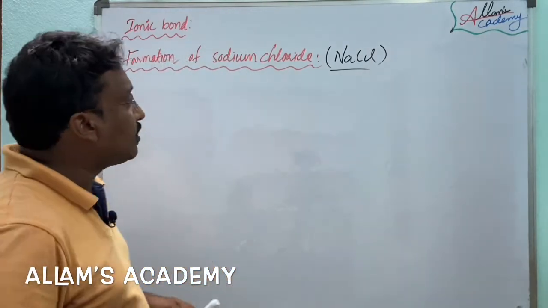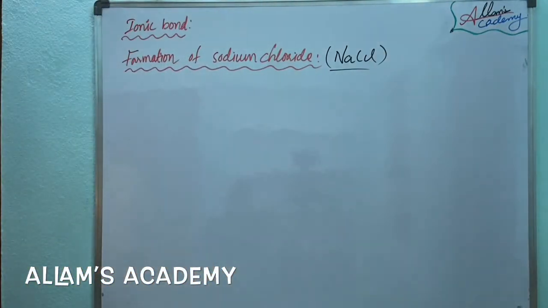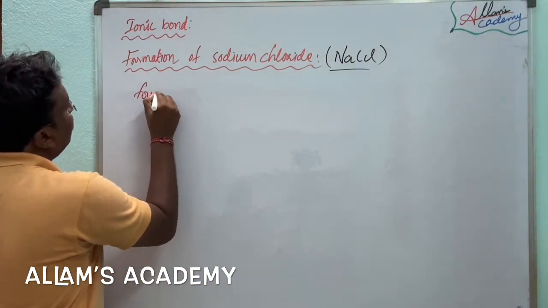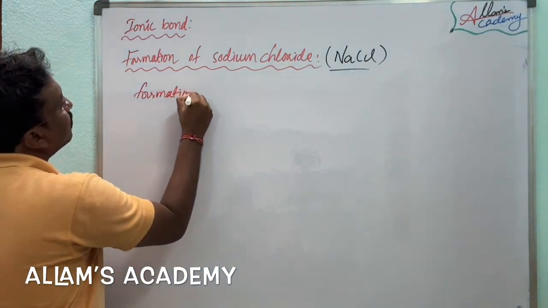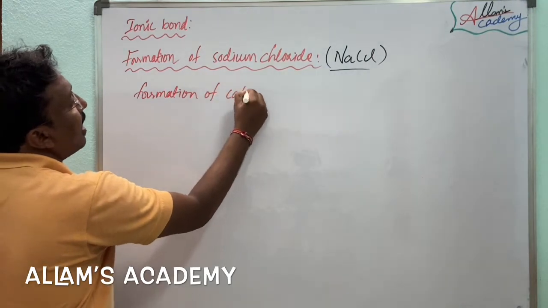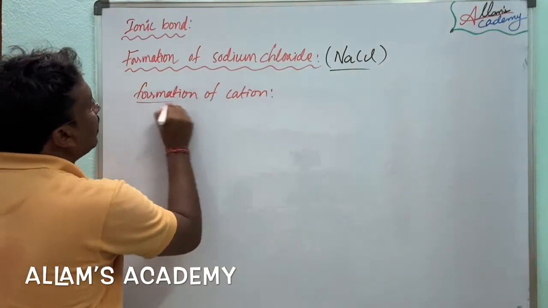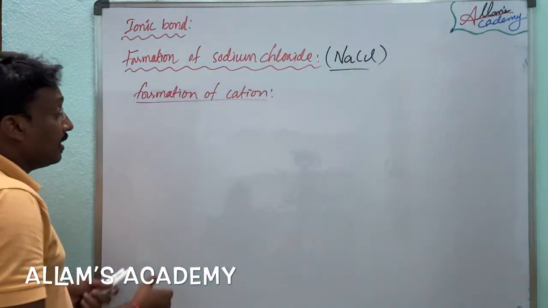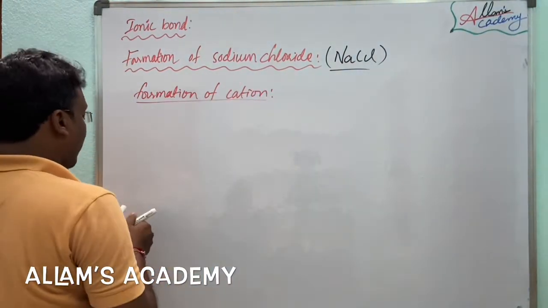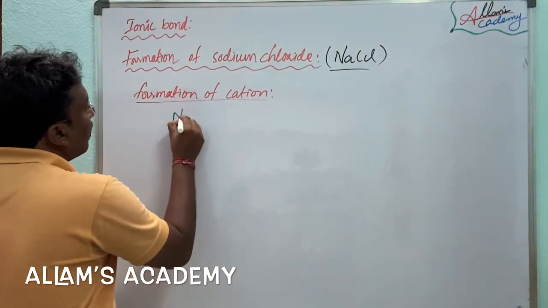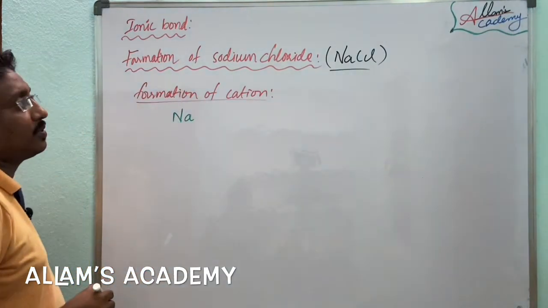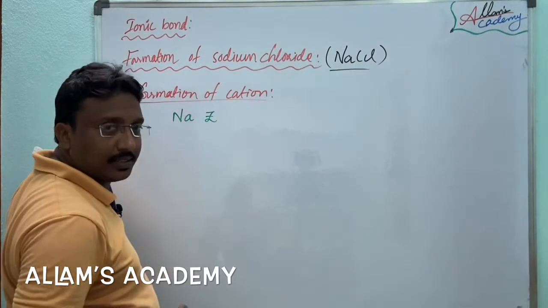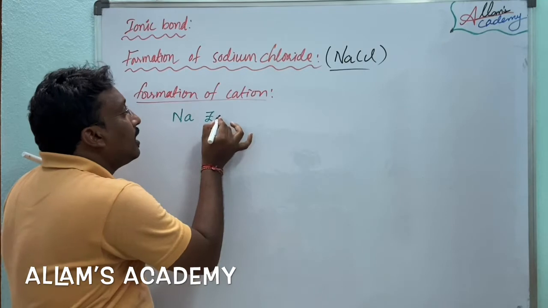So first we have to discuss the formation of cation. Formation of cation. See here, sodium, Na. Its atomic number is 11.